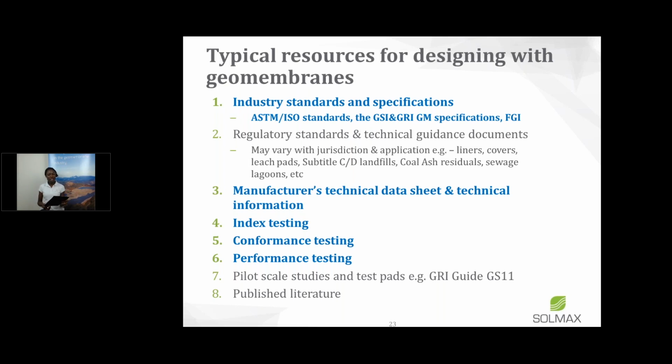You try to characterize it: how thick is it, what's the tensile strength, what's the tensile elongation, and all of those material properties. Conformance testing is similar to the index testing, but that's done when the material is received on the site. So it's a way of checking the values that have been reported for the index testing. I'll talk about this too later on.